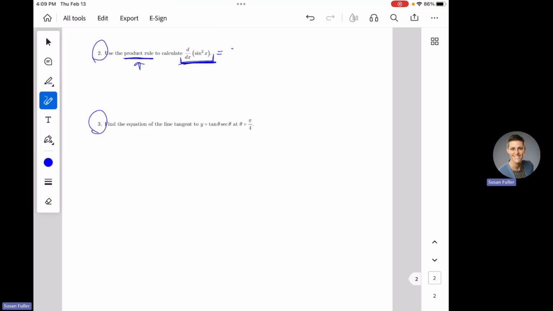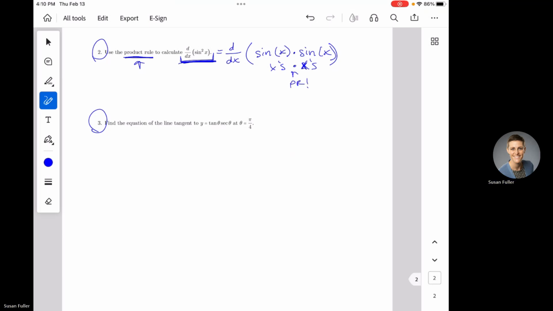And sine squared of x means the sine of x times the sine of x. That's really what sine squared means. It's sine times itself. And so now I have something with x's in it times something with x's in it. And now that says product rule.